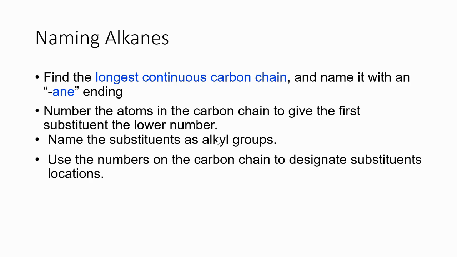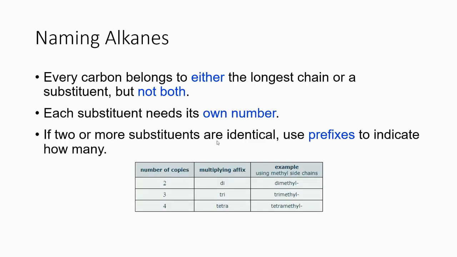So if we have a methyl on carbon 3, it'll be 3-methyl. Most of these are on our chart. Every carbon belongs to either the longest chain or a substituent, but not both. So don't leave any out.